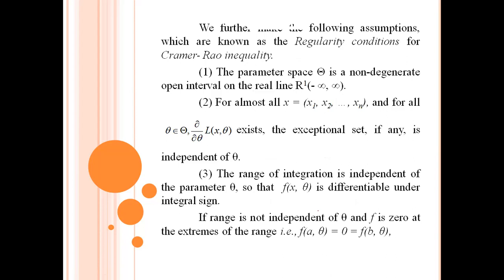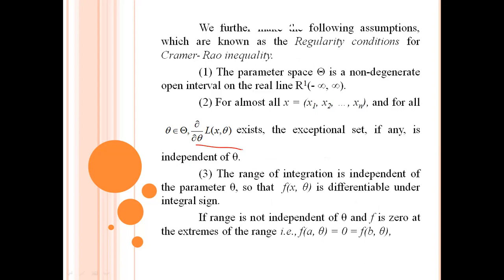The first one is that the parameter space is a non-degenerate open interval on the real line. Second, for all x and all theta, the derivative dou by dou theta L of x comma theta exists. The exceptional set, if any, is independent of theta.